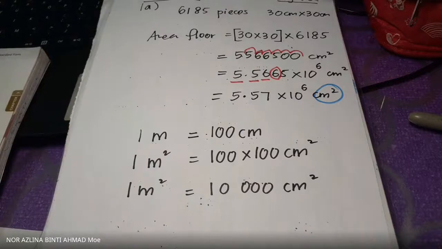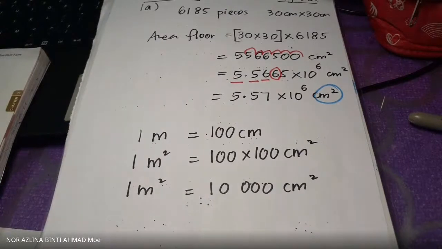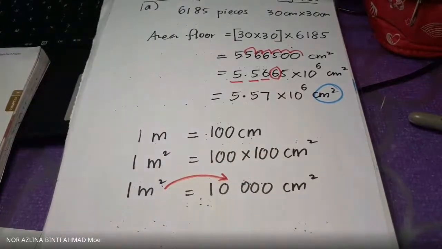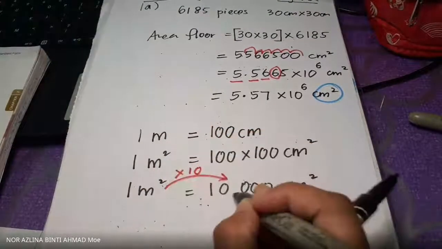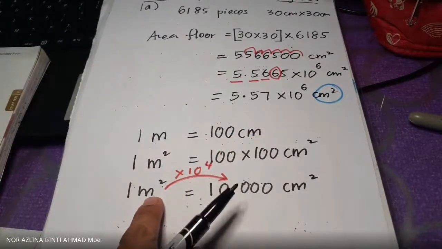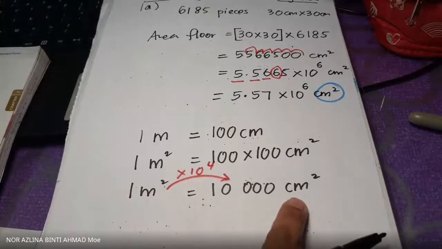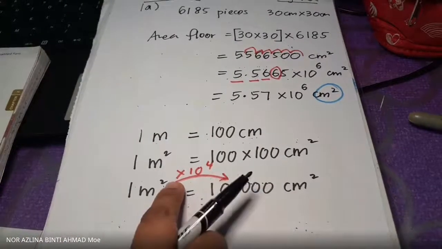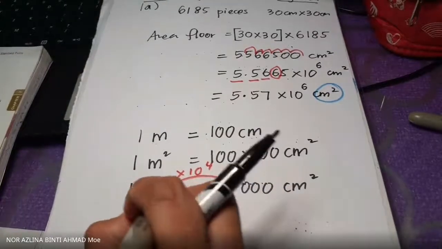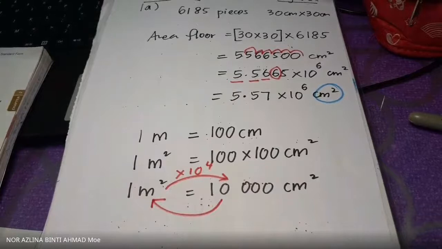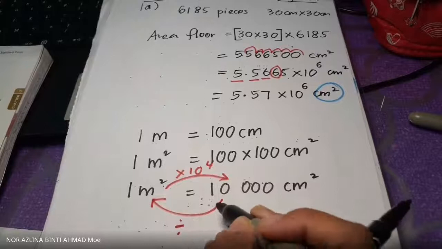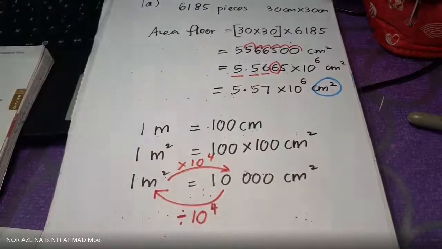So now, if we change from meter to centimeter, we need to multiply 10 to the power of 4. Okay. If meter squared to centimeter squared, we want to convert. So we need to multiply 10 to the power of 4. But now from cm squared, we change to meter squared. So here multiply and here must be divide.